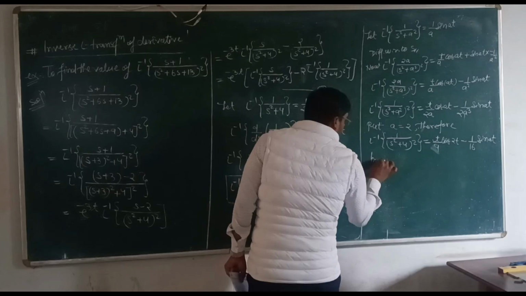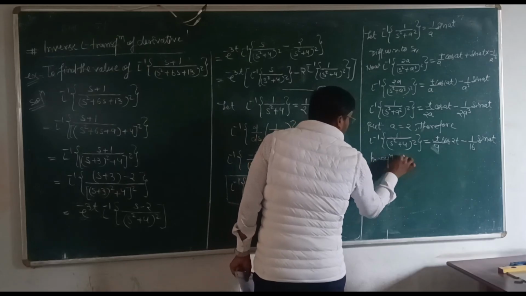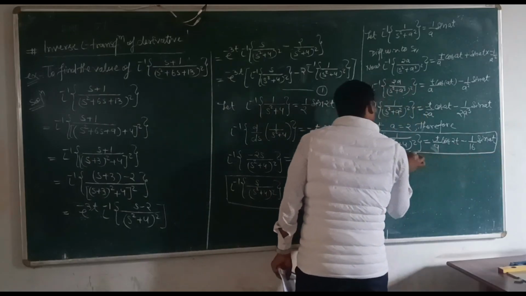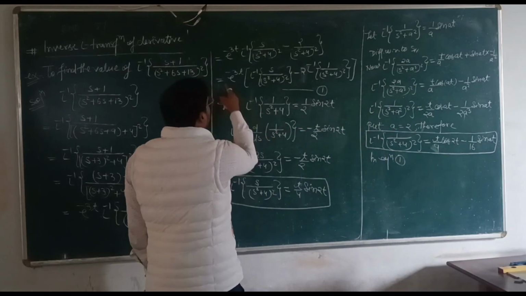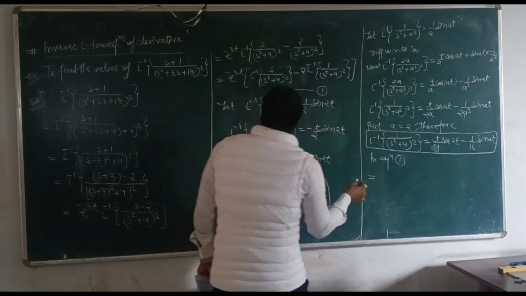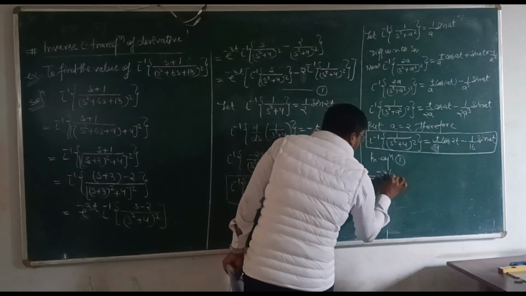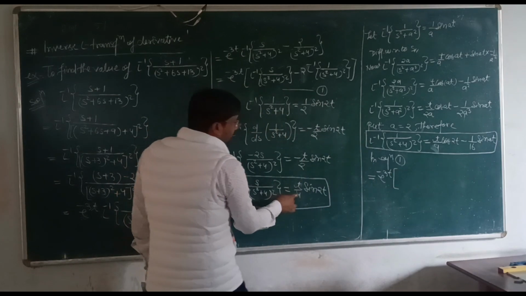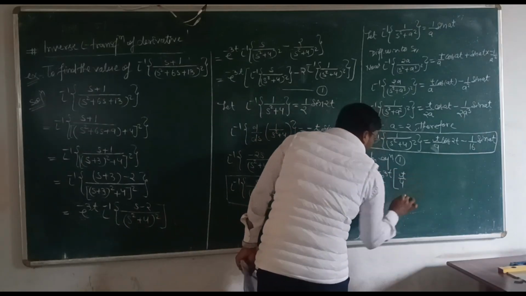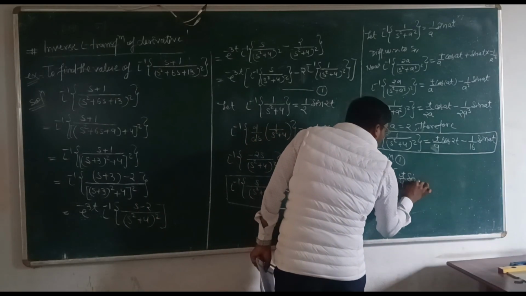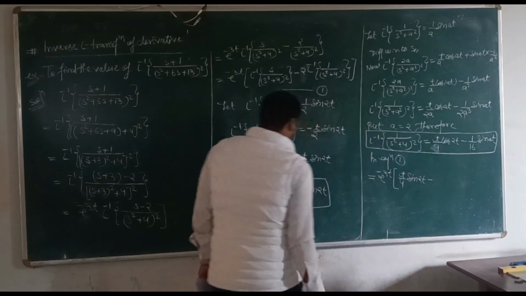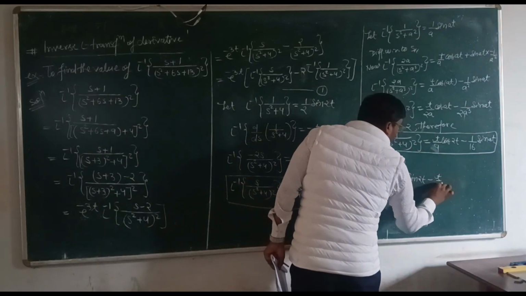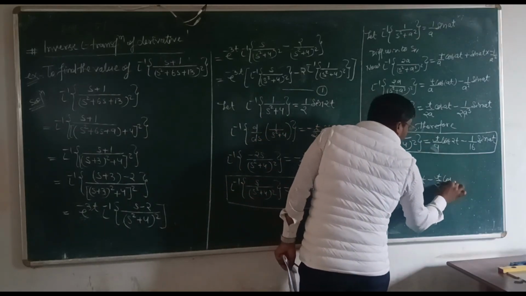Now, in equation first, put this value. e to the power minus 3t, bracket, putting the value, this is t by 4 sin 2t minus 2 times t by 16 cos 2t.